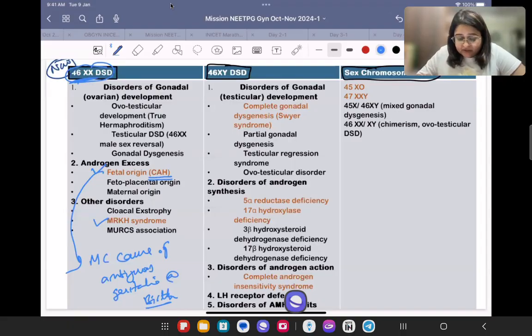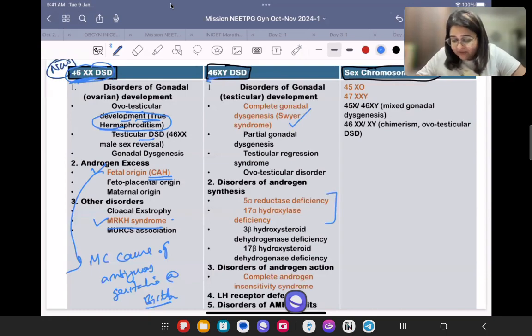So MRKH syndrome we have discussed. Remember, testicular DSD and ovotesticular DSD, these are true hermaphrodites. True hermaphrodites can be of any karyotype, but most commonly they are 46XX. This is not important for NEET PG. I've already told you that in 46XY we discussed Swyer.